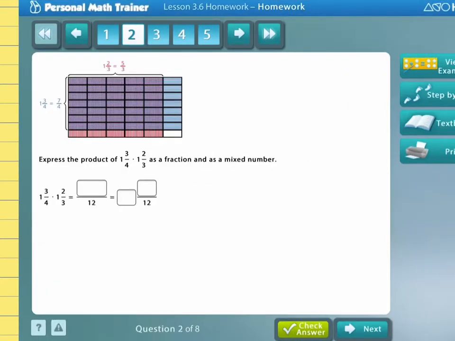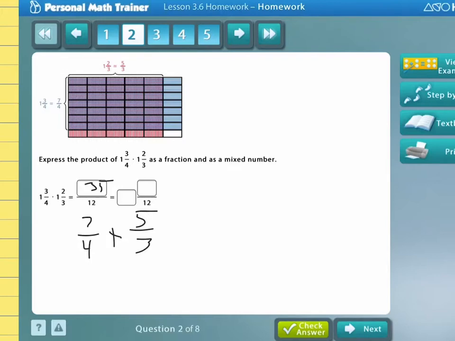Continuing with what we did on the previous problem, now they're asking us to multiply it together. So 1 3/4 times 1 2/3, well, you have to rewrite it again. You have 7/4 times 5/3, so that's going to end up being 35/12.